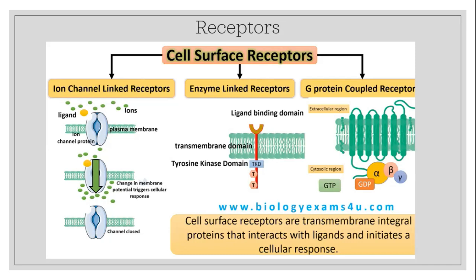This tyrosine kinase enzyme will transfer phosphate from ATP to a certain molecule that contains tyrosine, and ultimately will phosphorylate that molecule. That molecule, once phosphorylated, becomes activated and then will perform certain function in the cell.